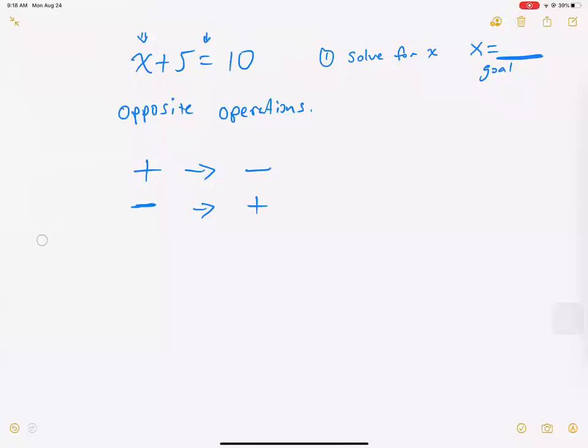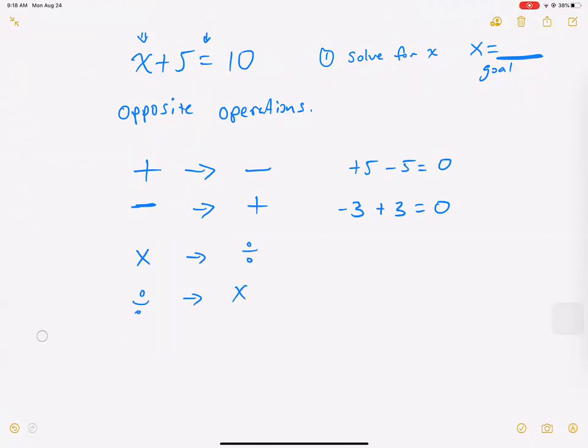Now, to show you this, if I have a plus 5 and I minus 5 to it, they're opposite, so they cancel out. If I have a negative 3 and I add a positive 3 to it, hey, they cancel out. The opposite operation of multiplication is division, and the opposite operation of division is multiplication.